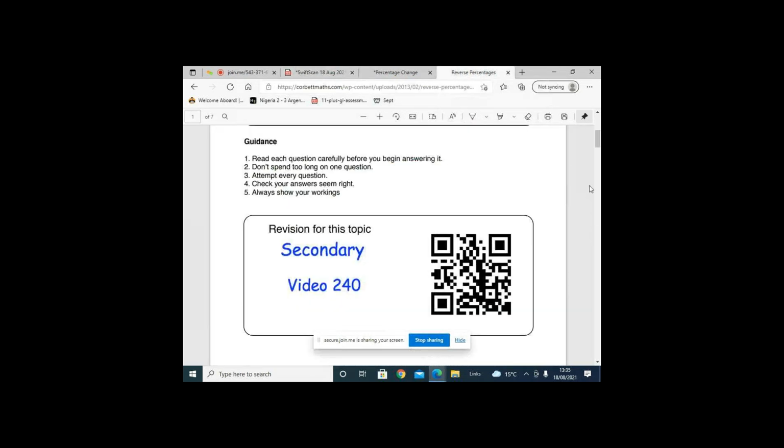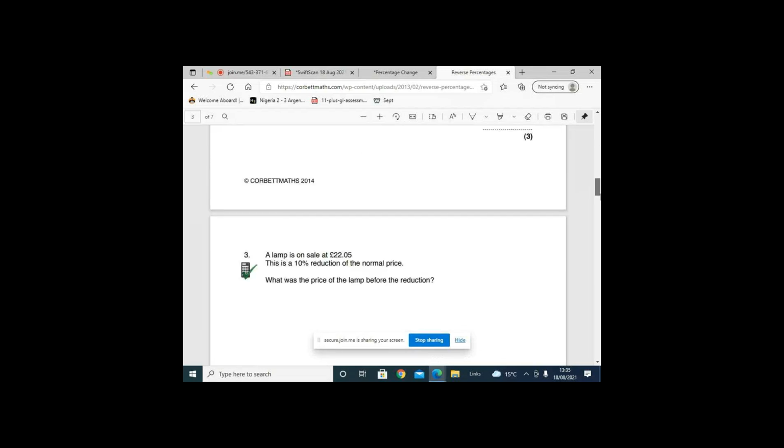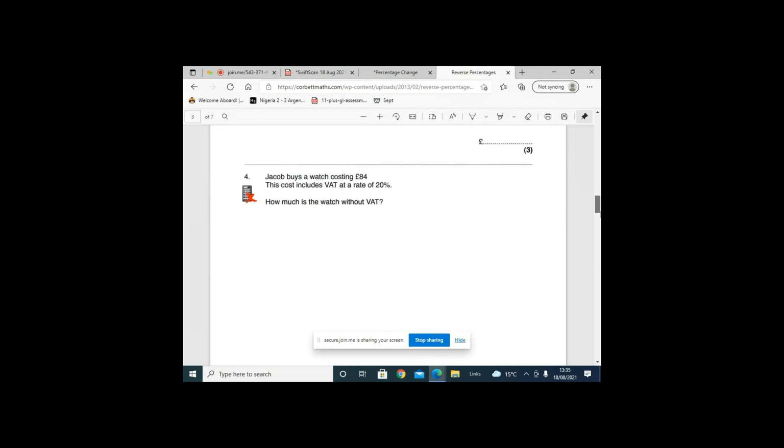Let me do some examples, some questions here, so you can get it better. This is calculator, but I don't want to use calculator now. Look at this one. Jacob buys a watch costing this. This watch includes VAT at 20%.